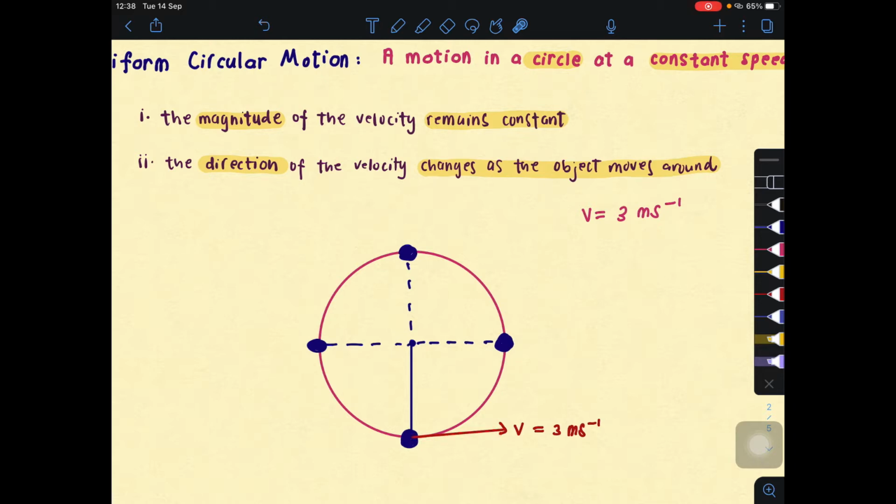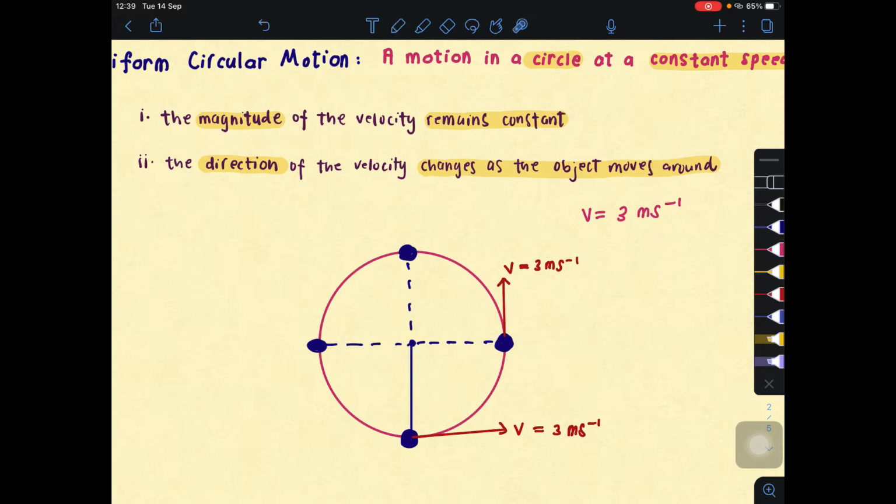Tetapi disebabkan dia sudah connected to a string, it will keep moving in a circle. So direction of the velocity here is to the right. Tetapi apabila dia sampai dekat sini, it will tend to move towards this direction, but still with the same velocity.